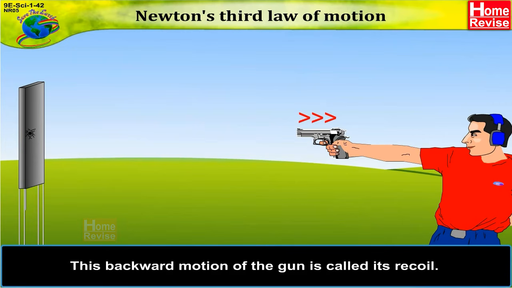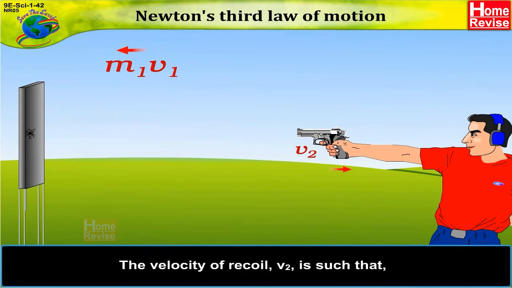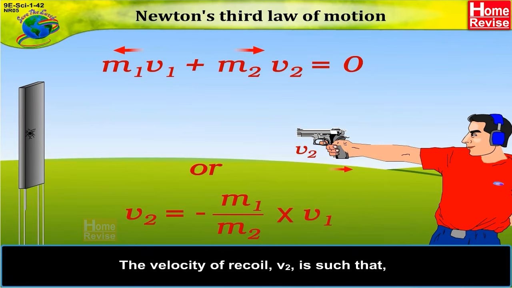This backward motion of the gun is called its recoil. The velocity of recoil v2 is such that m1 v1 plus m2 v2 is equal to 0, or v2 is equal to minus m1 upon m2 into v1.